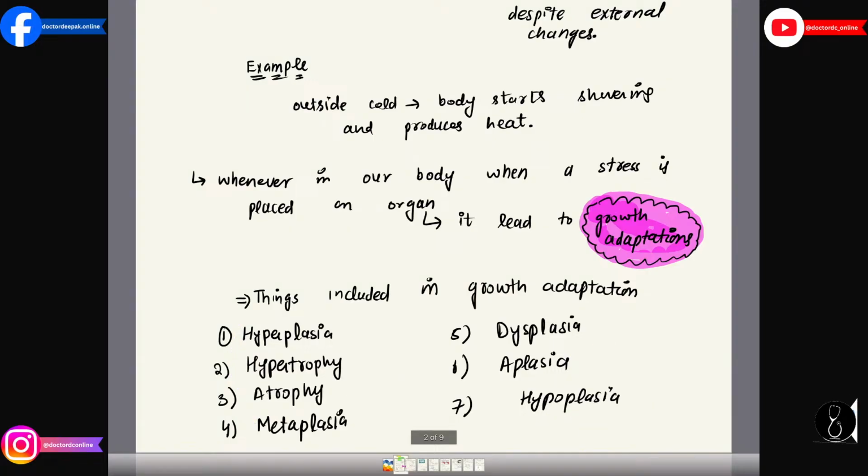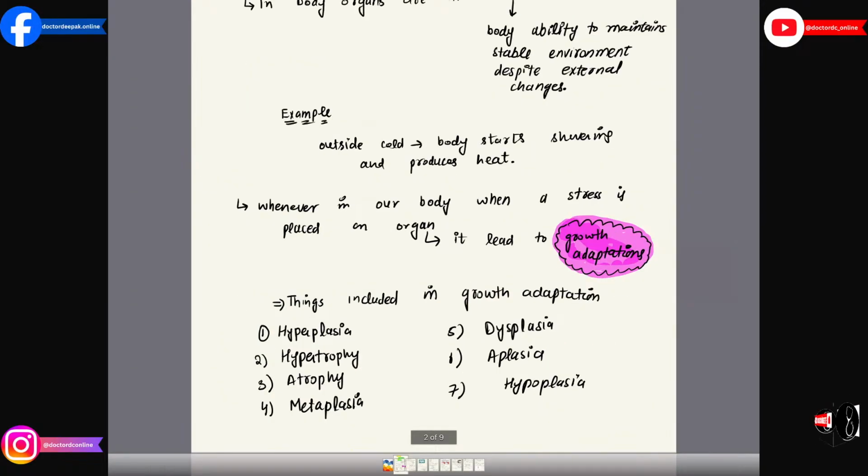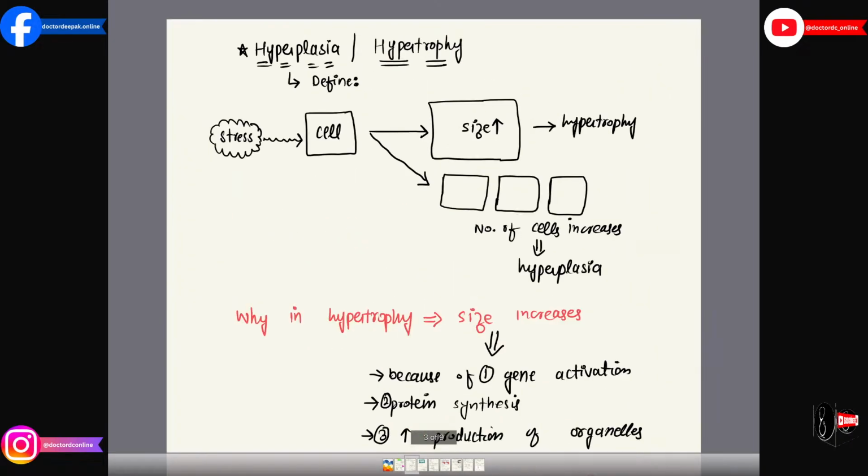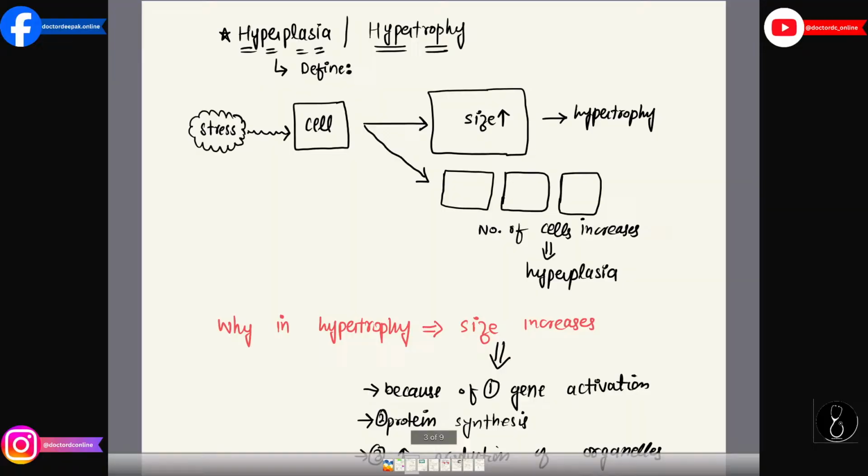First of all, we're going to start with hyperplasia and hypertrophy. Whenever we discuss any term, we first define the basic definition of that term. Now I'm going to explain hyperplasia. To understand this better, I will draw a simple diagram.